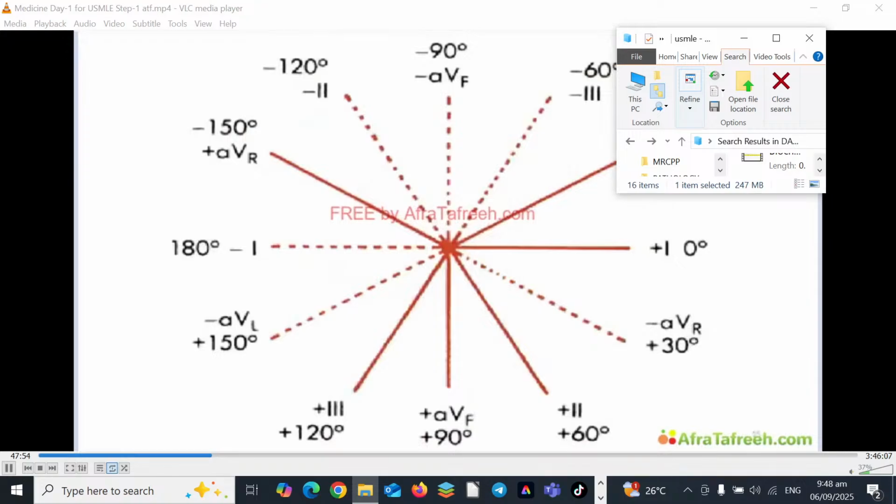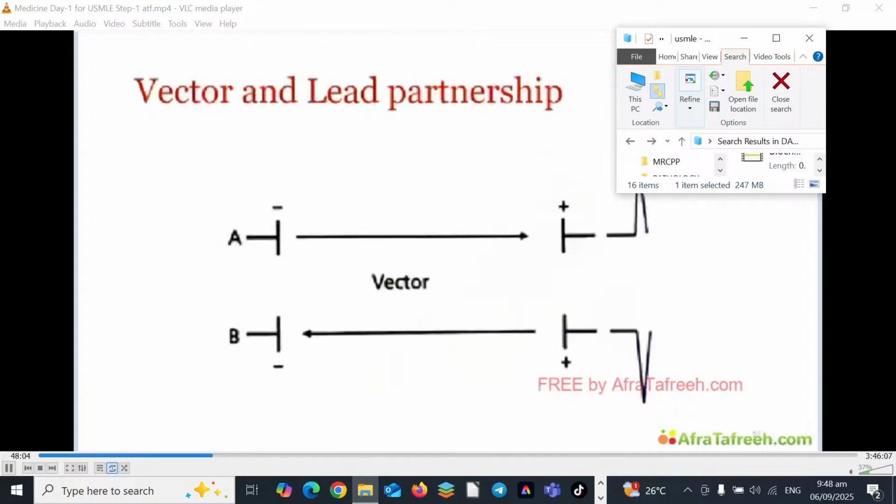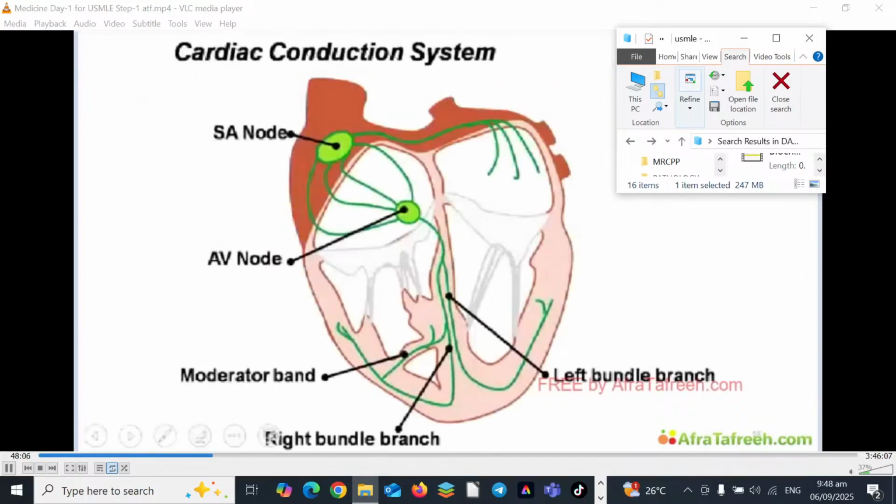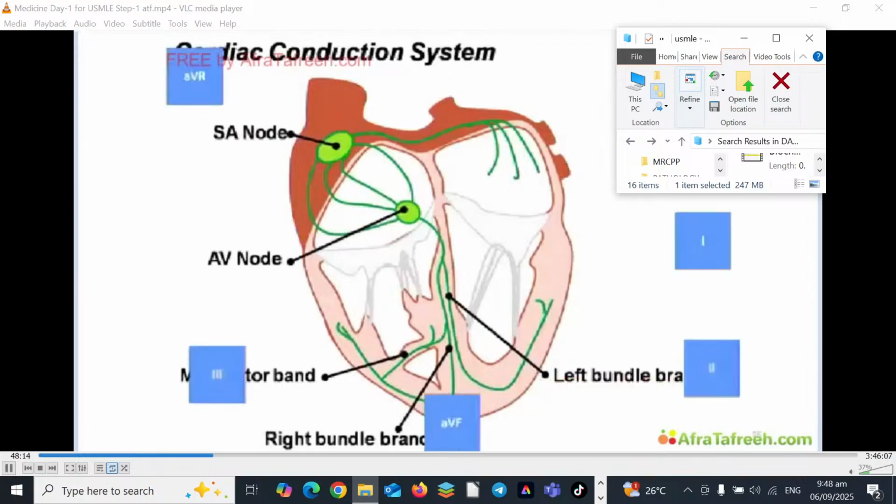Is because of this diagram. If you look at this diagram, what we have tried to do is map out the whole axis, and we are going to have the cardiac conduction system. Okay, and we are going to place the heart according to all your electrodes.